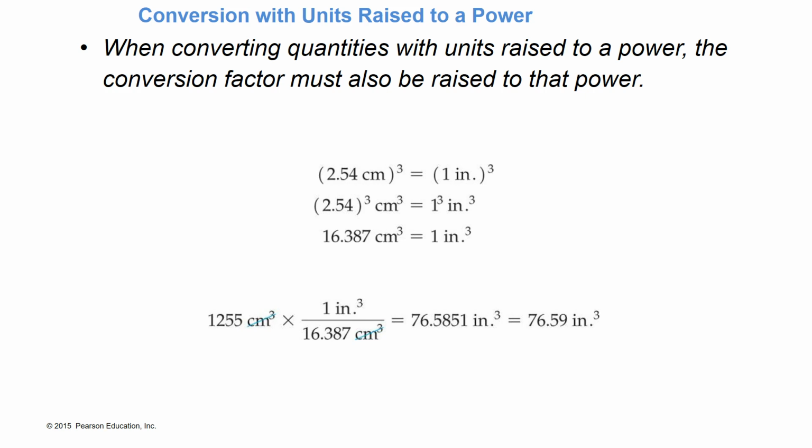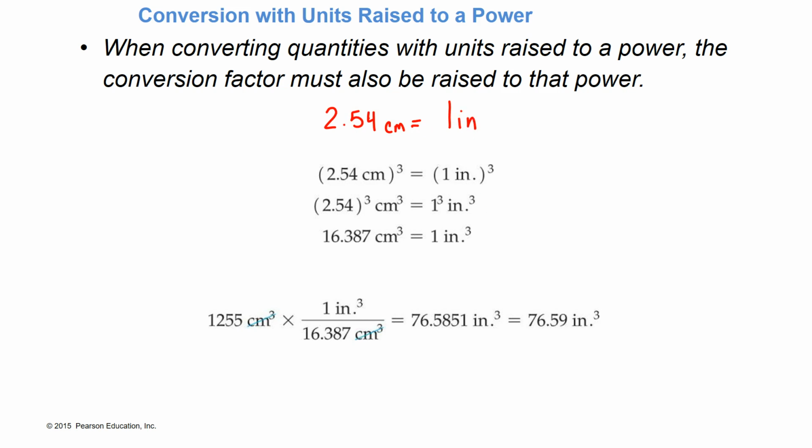All right. Now, whenever you have units that are cubic units, like we dealt with yesterday, we talked about centimeters cubed and all of that. So we've established that 2.54 centimeters equals 1 inch.